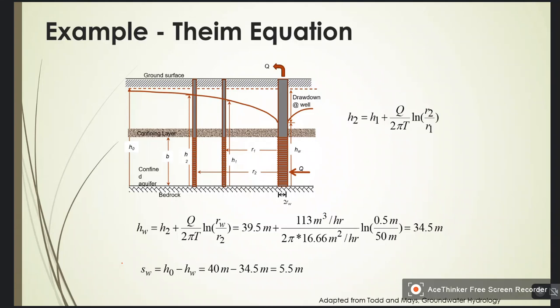Suppose you use R1. Here he has used R2 and H2. Suppose you use R1 and H1. You should get the same value. Come on, verify. So here HW is equal to H2 plus what he has written.